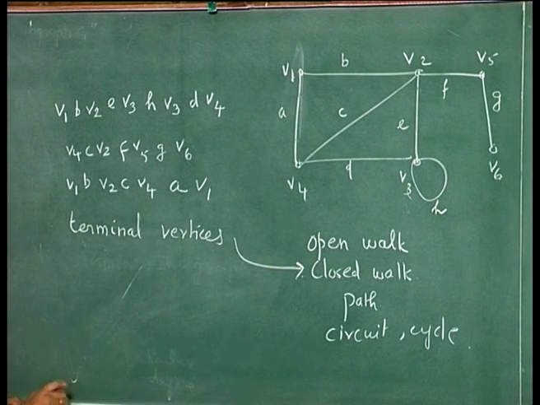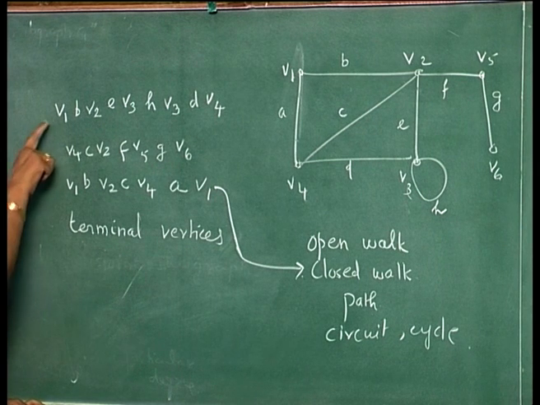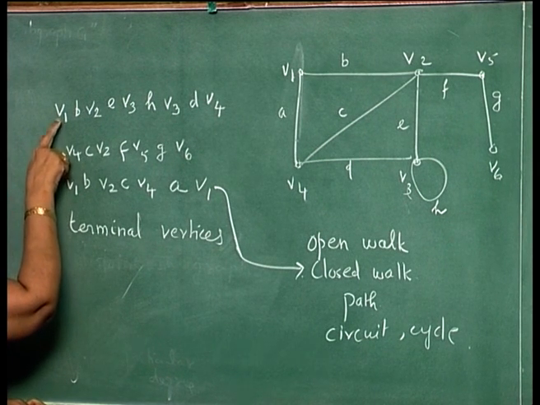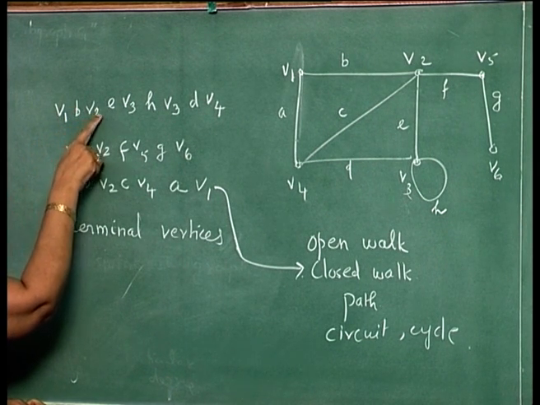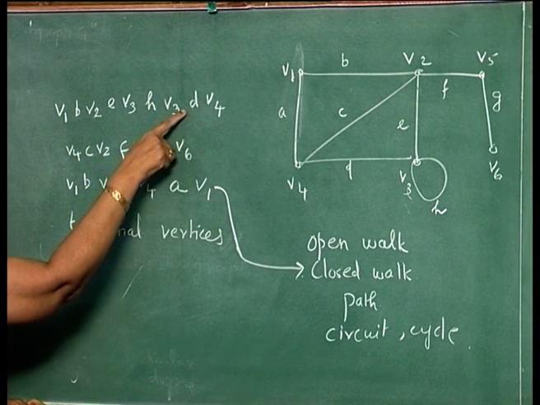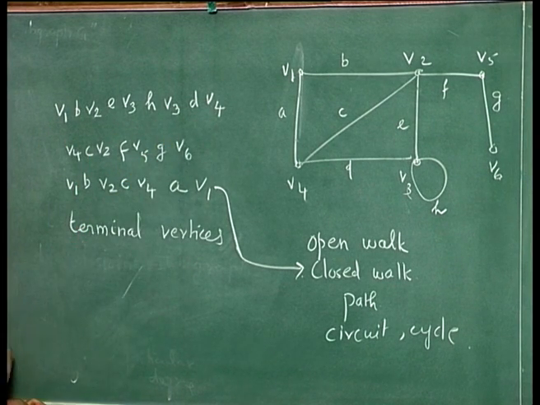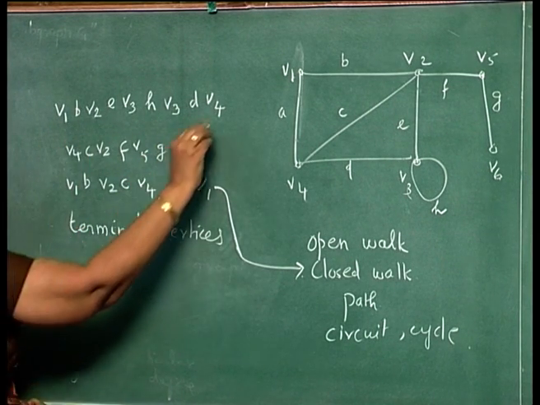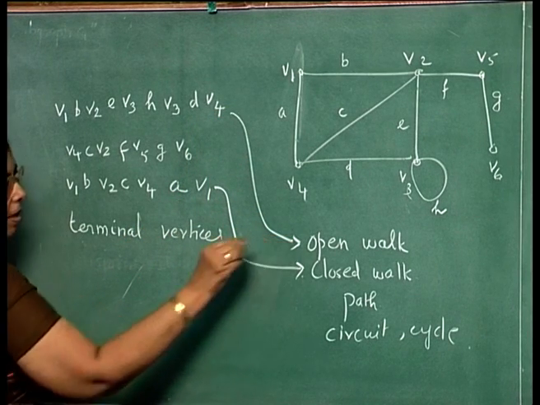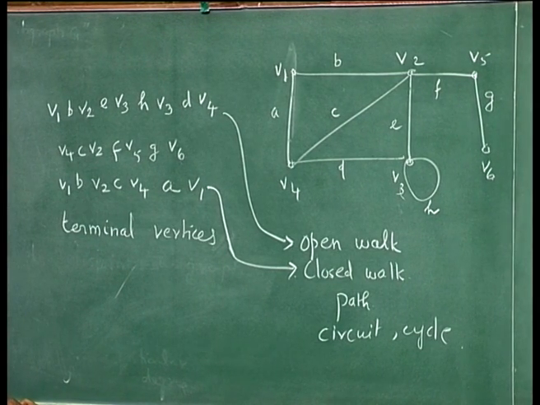This is a closed walk. In this case, V1, B, V2, E, V3, H, V3, D, V4, the beginning and the ending vertices are not the same. This is called an open walk. If the beginning vertex and the end vertex are not the same, it is called an open walk.